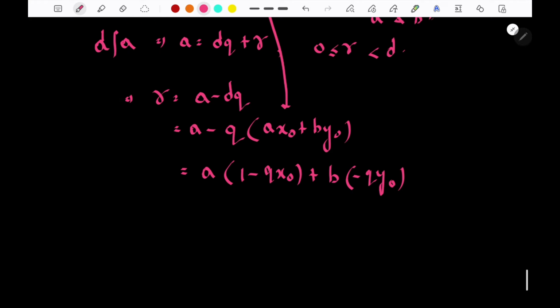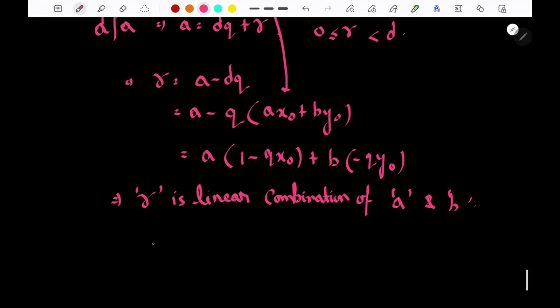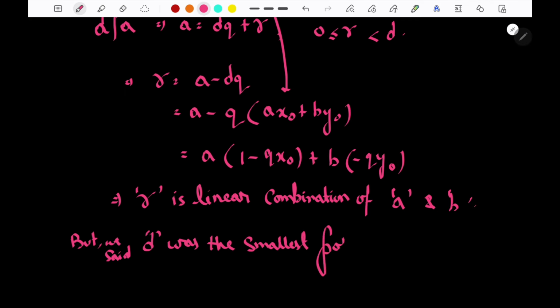What does this show? r is a linear combination of a and b. But we said initially that d was the smallest possible positive combination.